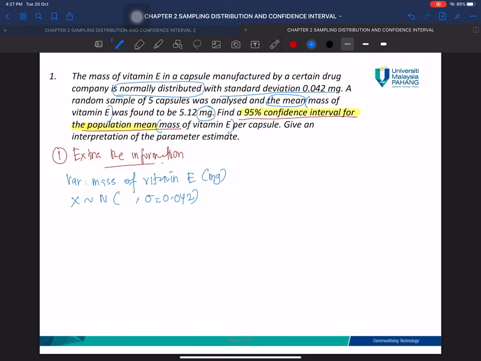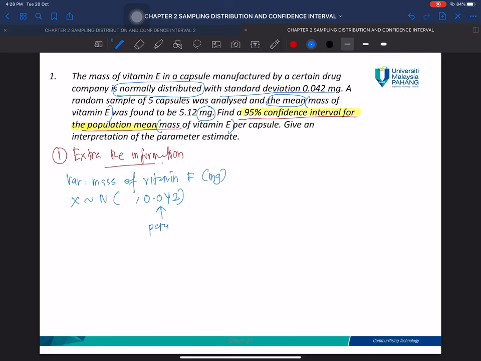This standard deviation from the normal distribution is a parameter.